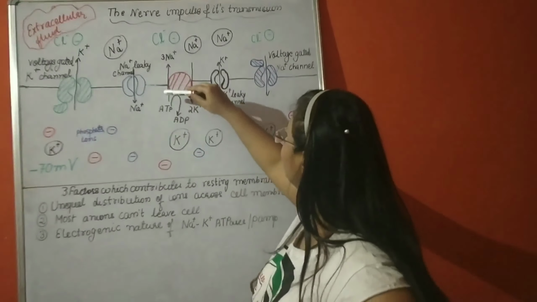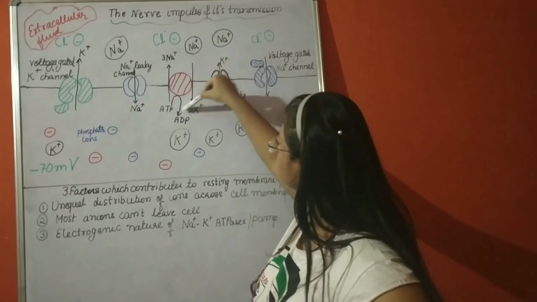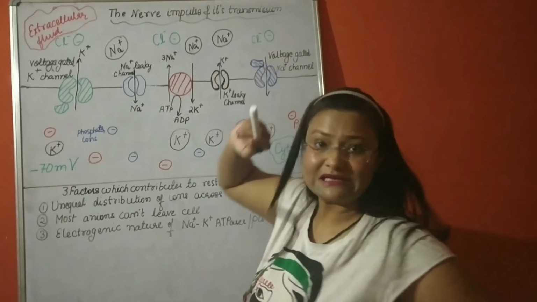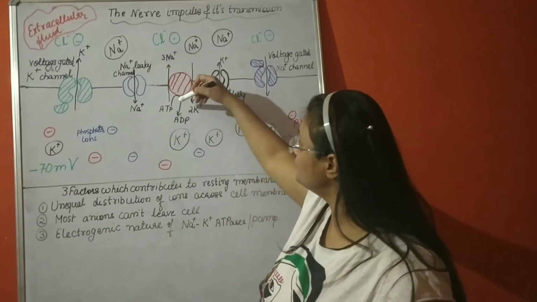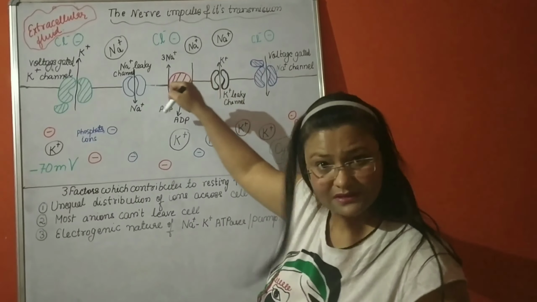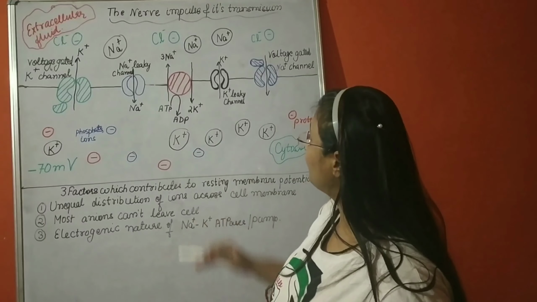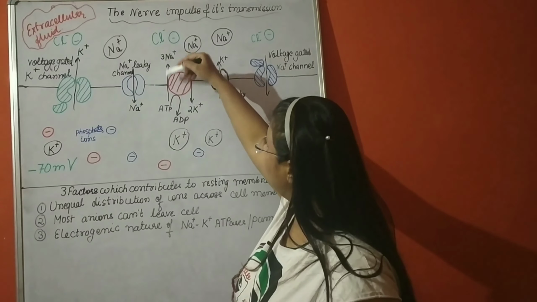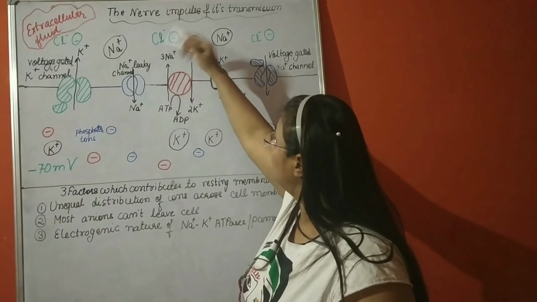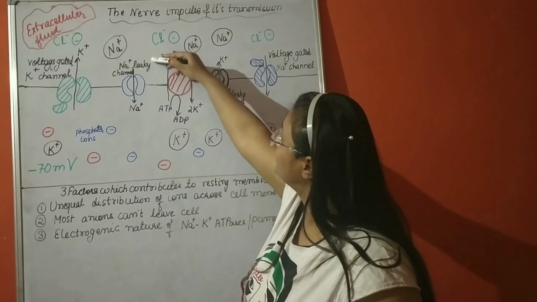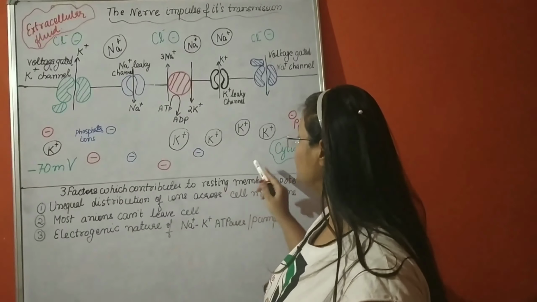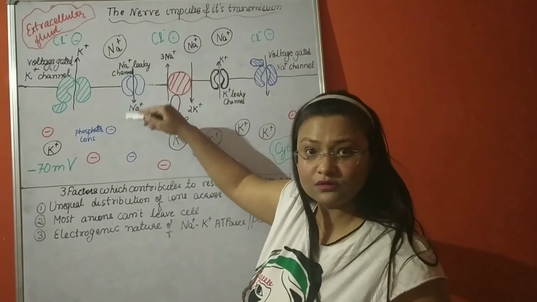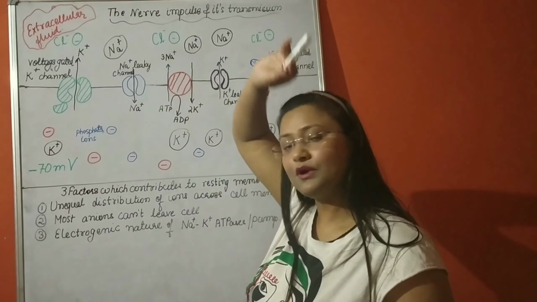Now the neuronal membrane also has the sodium potassium pump, and what this pump does is it uses energy in the form of ATP. With the help of ATP it forces 3 sodium ions outside of the neuron, because they leak inside, so they are supposed to be put outside.